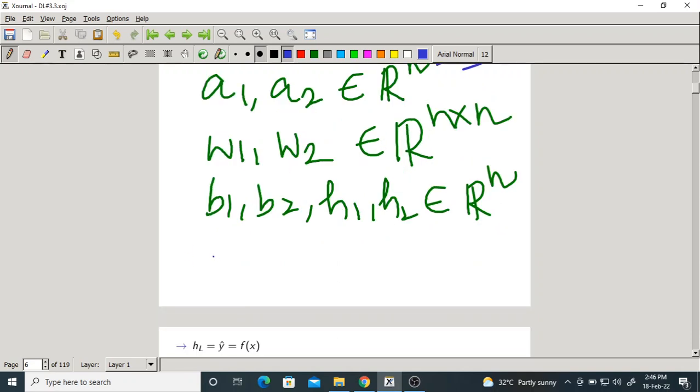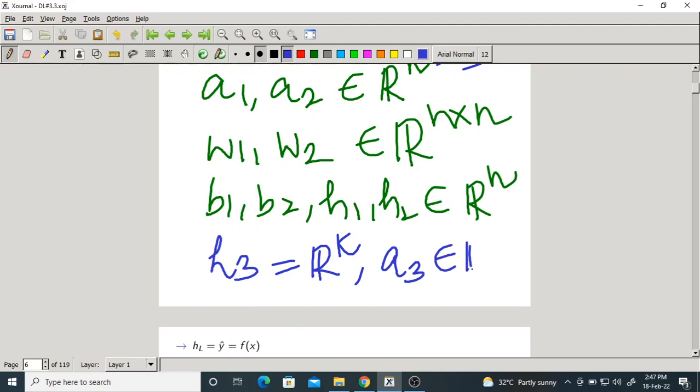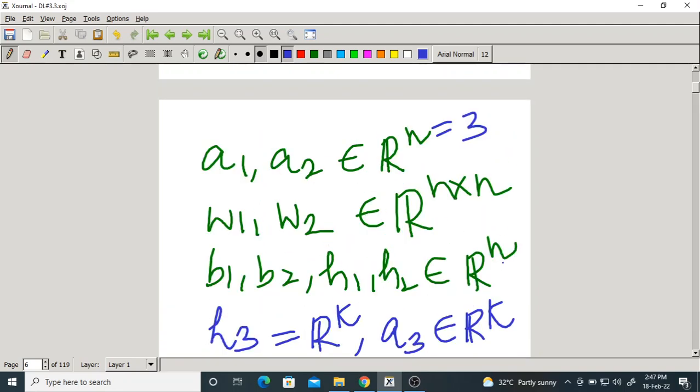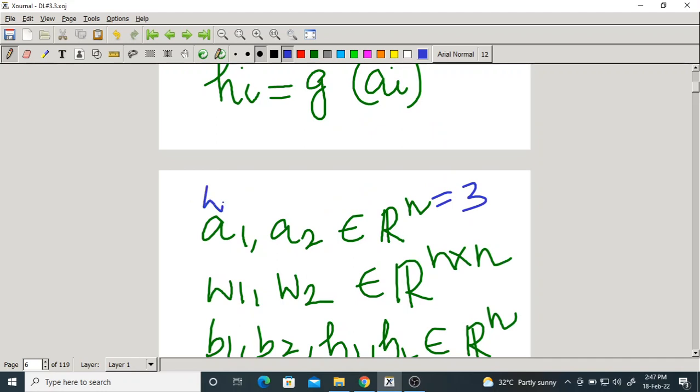What is the dimension of h3? That is K. a3 is also K. What about W3? W3 is N cross K.